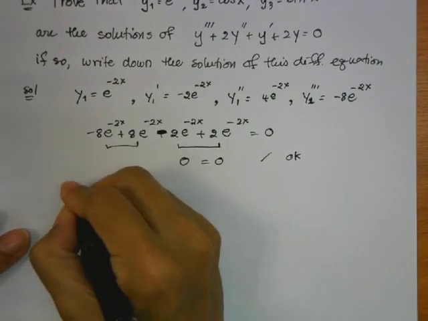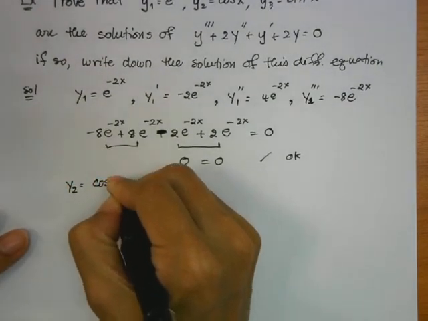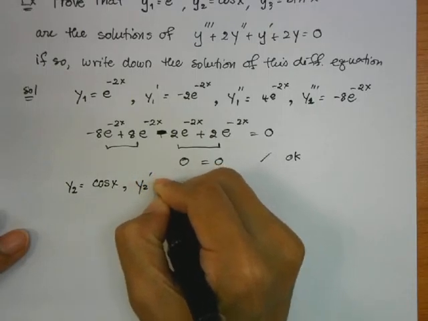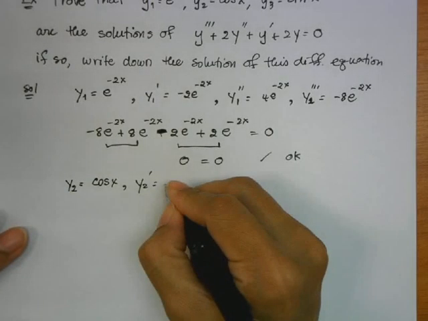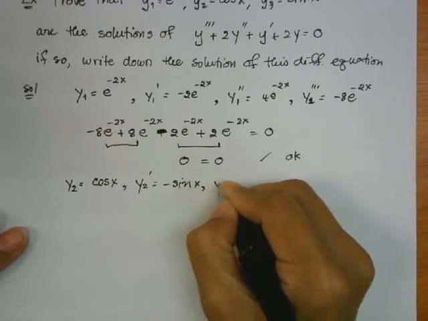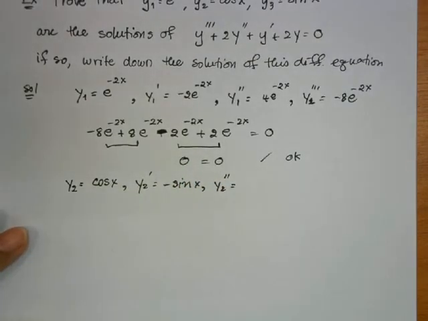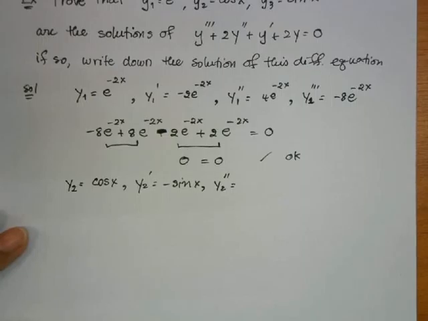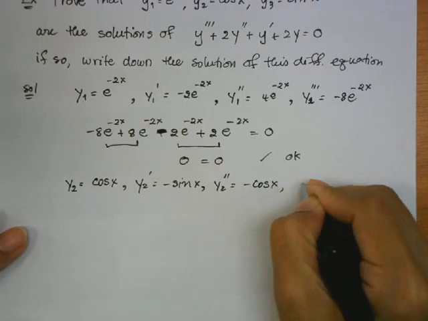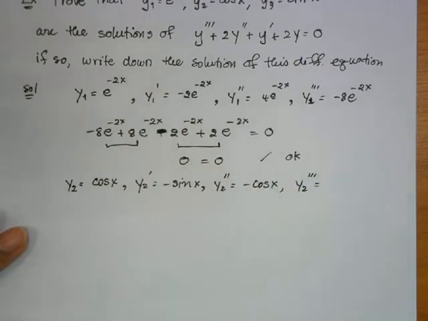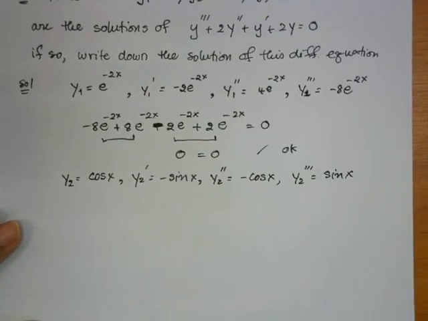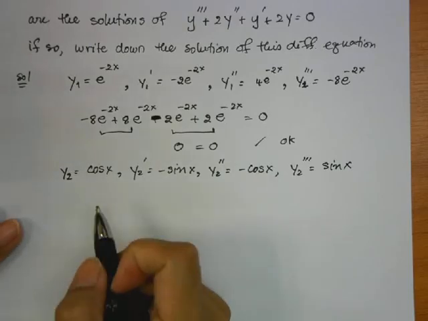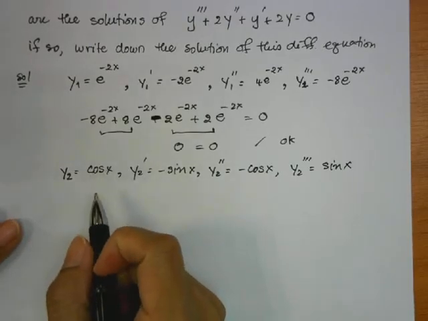Now take a look at y2. y2 is equal to cos x. So the first derivative of y2 is, the second derivative of y2 is, the third derivative of y2 is, and then you just plug the value of y2 and its derivatives into the differential equation.